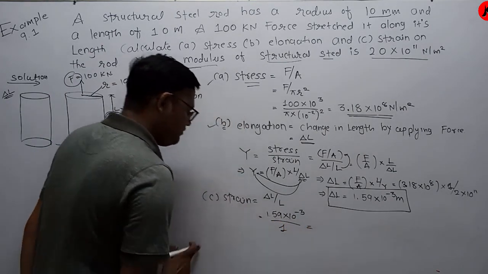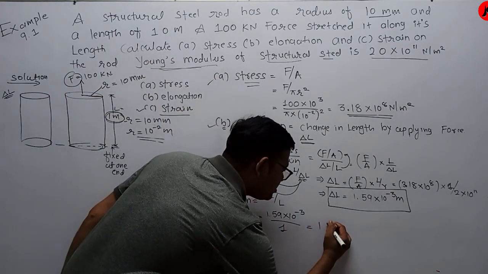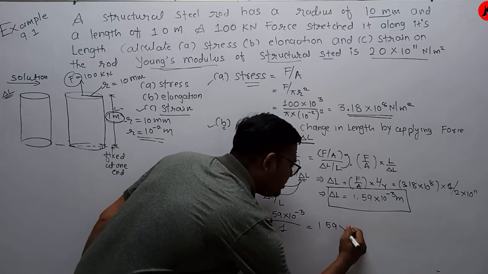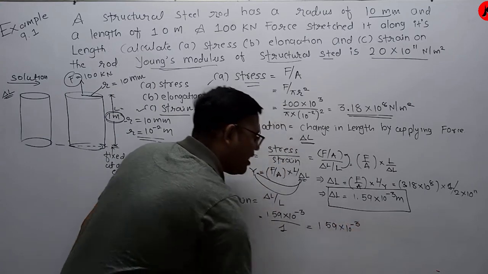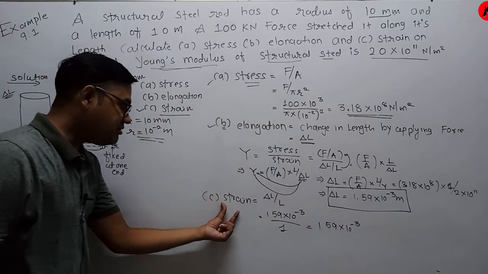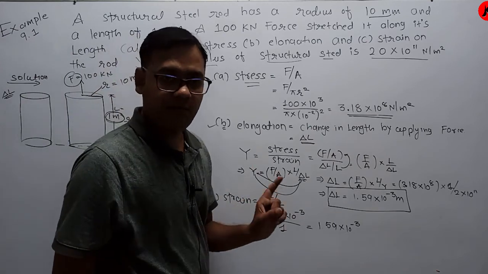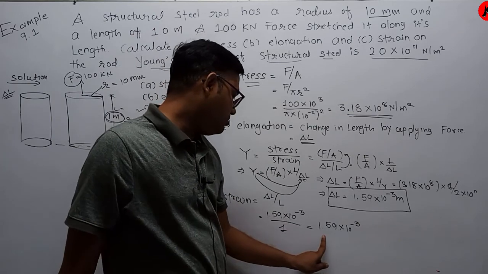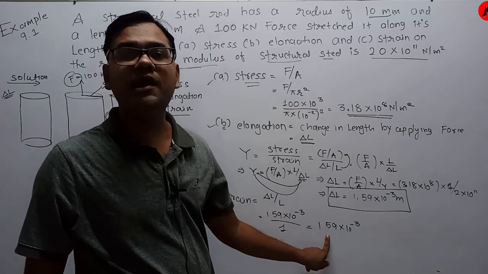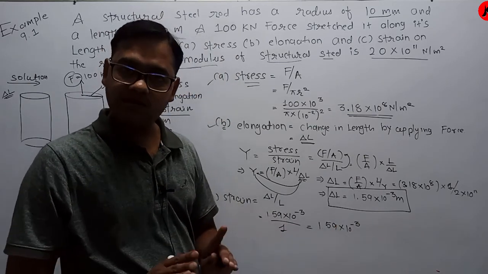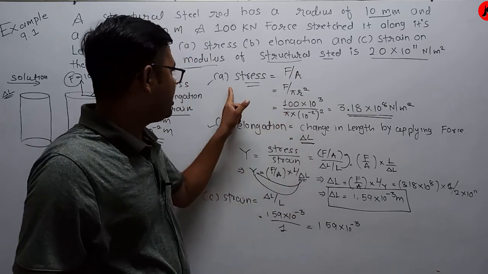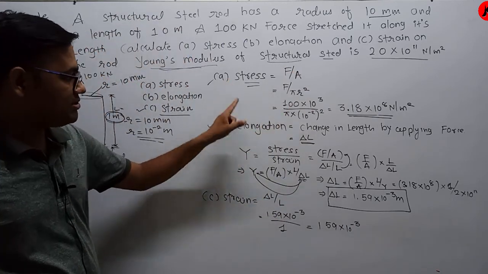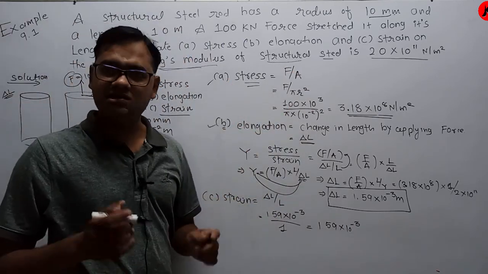Finally we get the value of strain as 1.59 into 10 raised to minus 3. And strain is a unitless quantity, keep in mind. So in this way you can calculate the value of stress, elongation and strain.